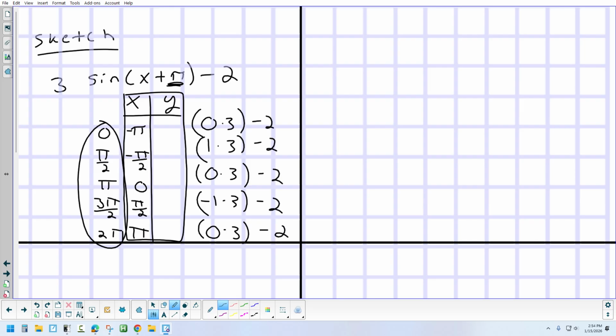So my new y values are going to be negative 2. 3 minus 2 gives us 1. 0 minus 2 is negative 2. Negative 3 minus 2 is negative 5. And 0 minus 2 is negative 2. Okay, so there's your table. Any questions on that?